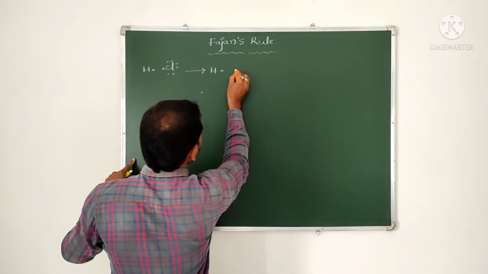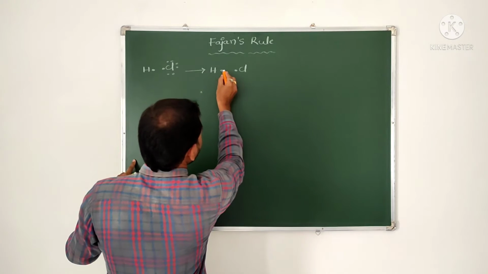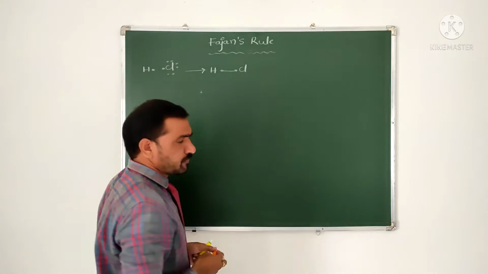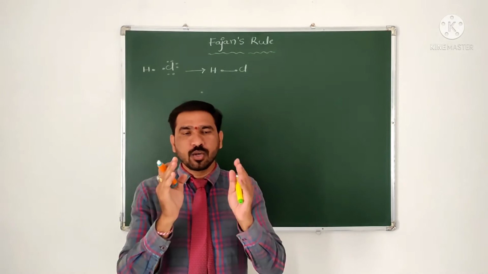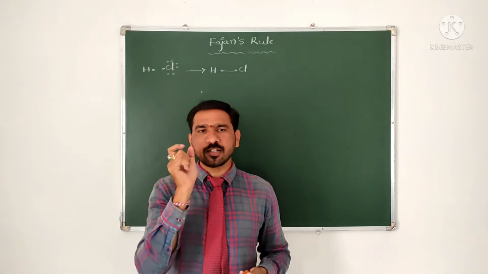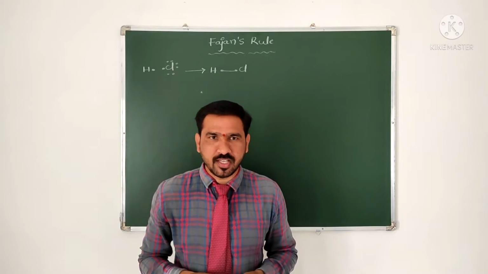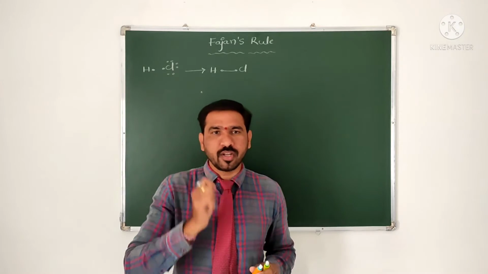So that bond has 2 electrons, like this. This is the bond, covalent bond. Initially, by equal sharing of electrons, what bond is formed here? Covalent bond. But between hydrogen and chlorine, electronegativity difference is also there. Among these two, which is the more electronegative atom? Chlorine.